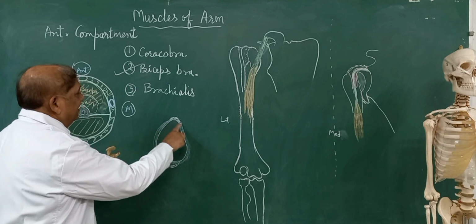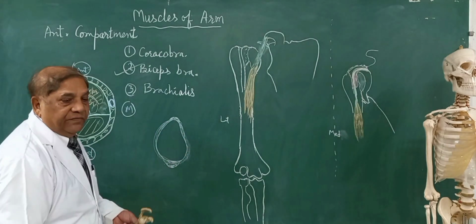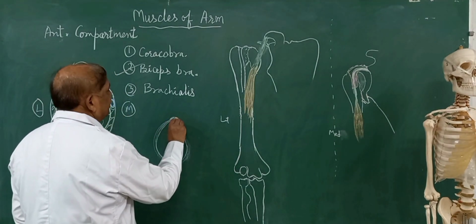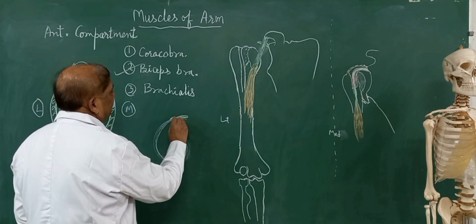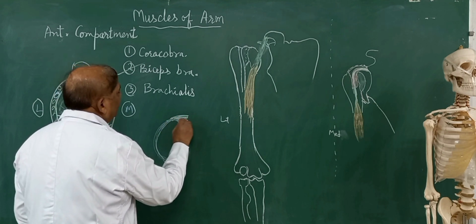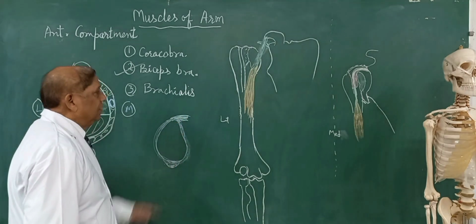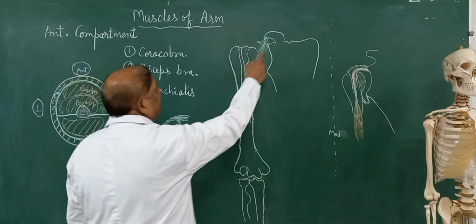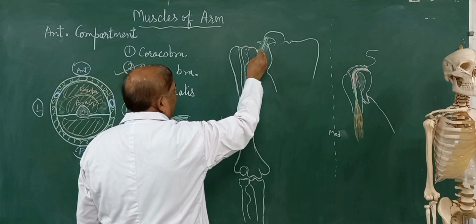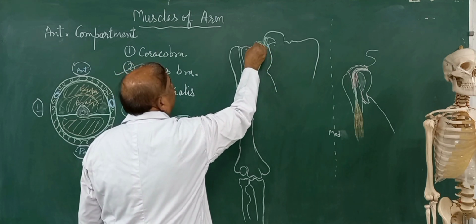You will see that this is the glenoidal labrum, the fibrocartilaginous disc. So the origin of the long head is from the supraglenoid tubercle as well as from the glenoidal labrum. Both give origin to the long head of the biceps. So from the supraglenoid tubercle of the scapula, this long head will run laterally.